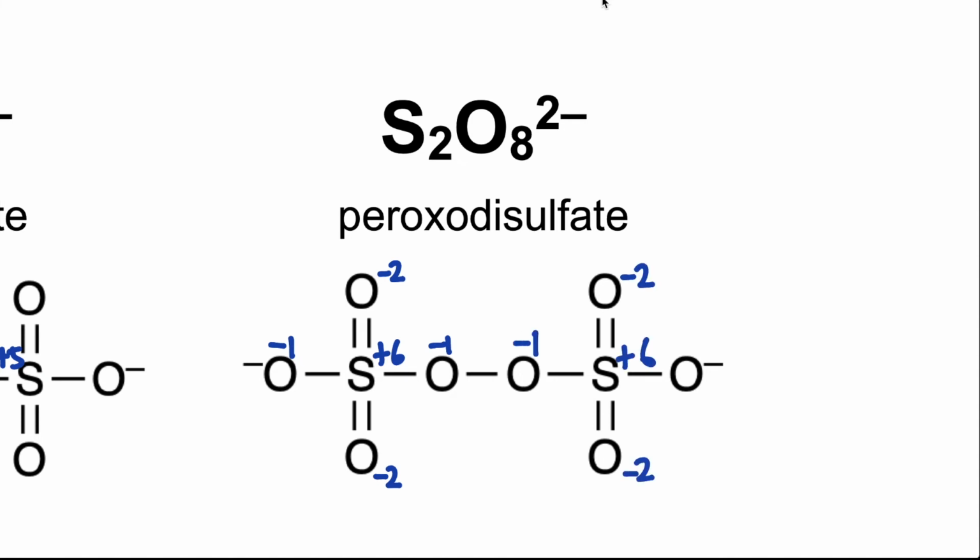What about the oxygen atoms? This one over here would have an oxidation state of -2 because of the additional negative charge it has. So the oxygen atoms around the molecule have an oxidation state of -2, whereas the two in between here have an oxidation state of -1 each. So a single bond between oxygens is somewhat like the bond in hydrogen peroxide, and therefore the name peroxodisulfate.